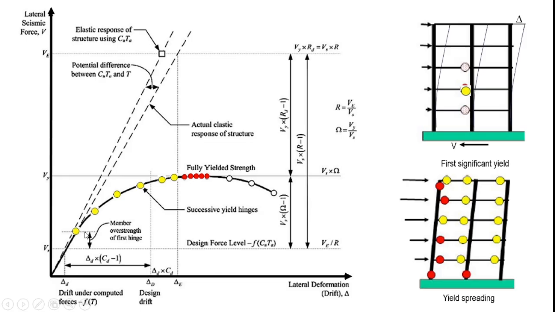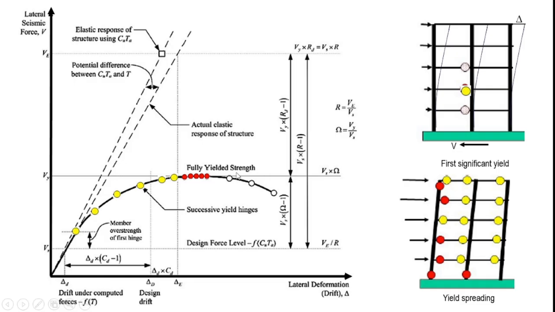When the lateral force V is gradually increased, the yielding gradually spreads, as indicated by many yellow circles, to other locations of the structure. But unfortunately, the structure develops resistance at a much slower rate.